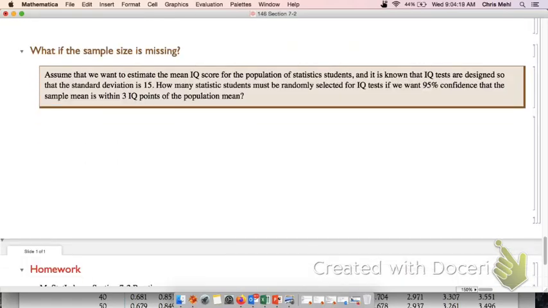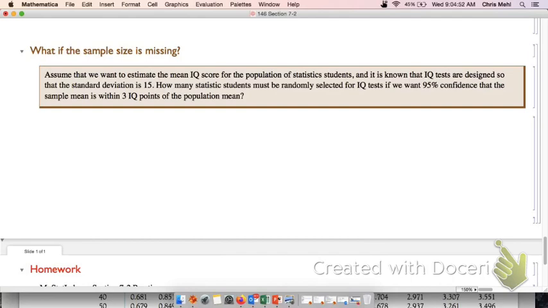Okay, and then lastly, just like in section 7.1, if the sample size is missing, say you want to collect a sample and estimate a population mean, and you want to know what your sample size ought to be to make it with a certain percentage confidence. You want to make sure that you're in error by no more than a certain value.